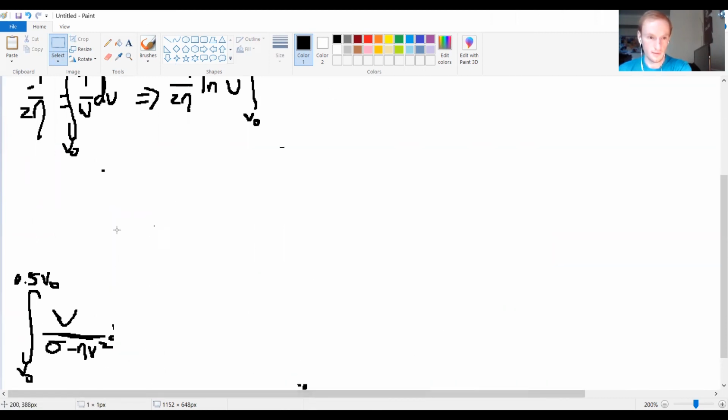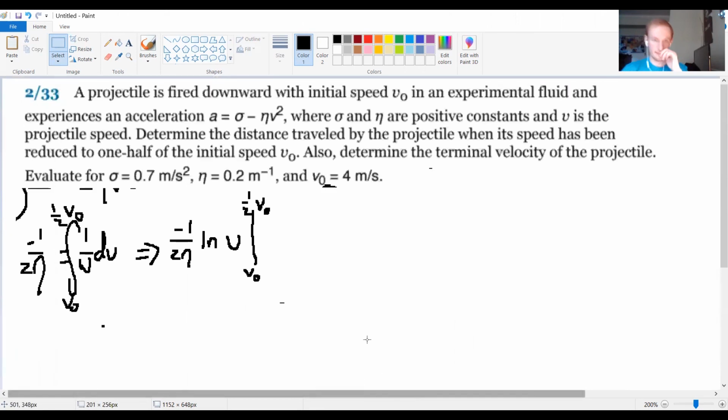All right, so now we have this term, negative 1 over 2n. And if you remember, we're going to resubstitute in what we took out for the u now, and put it from 1/2 v0. We'll wait on that. We'll do two different steps.